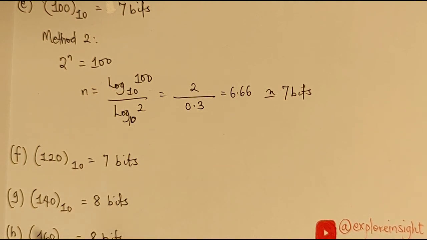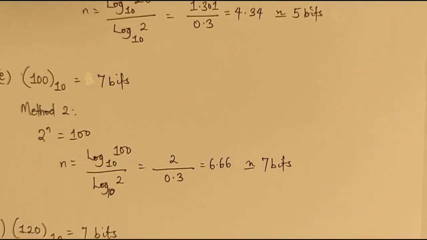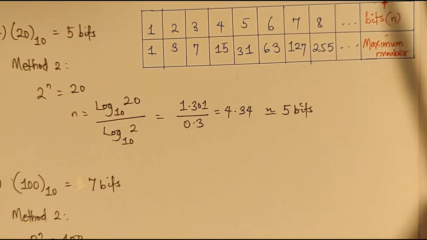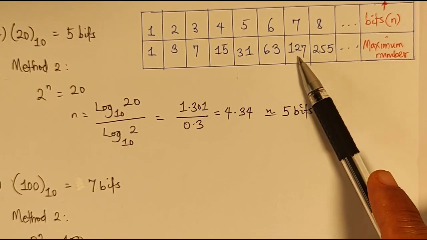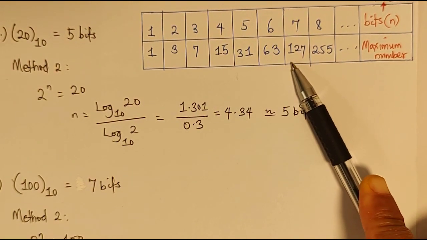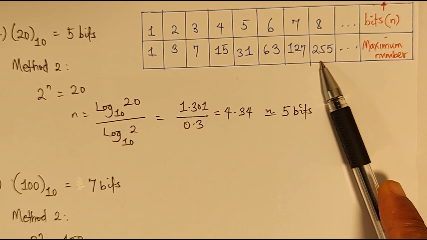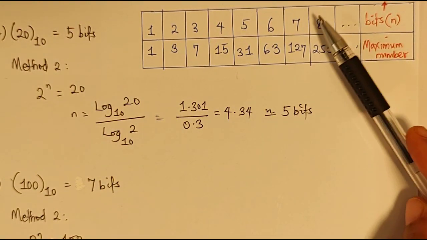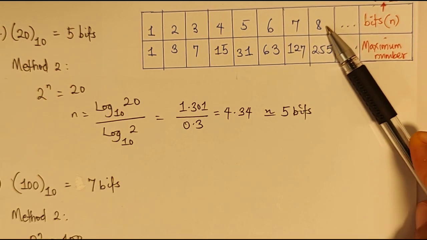And for 160, we're going to have 8 bits also. How do we confirm that for 140 and 160? Let me show you on the table. For 140, the lesser number here is 127, so that's less for 140 and 160. So we have to look up to the next maximum number, and in this case we're going to use the bit here, which is 8.